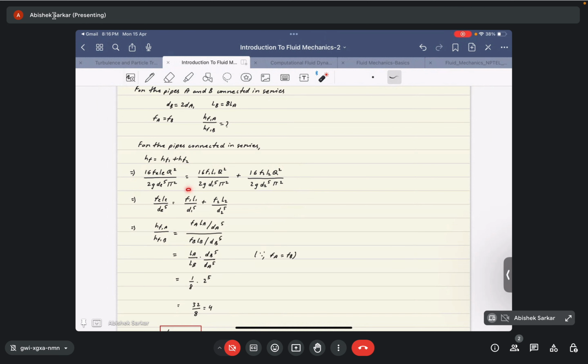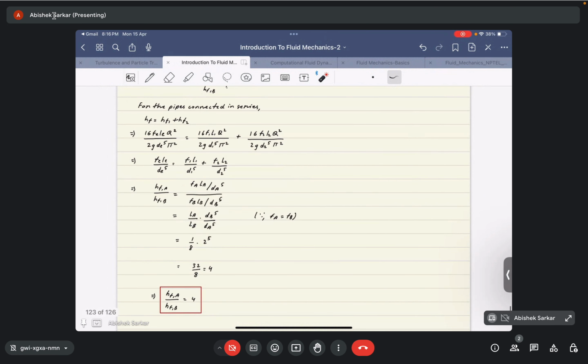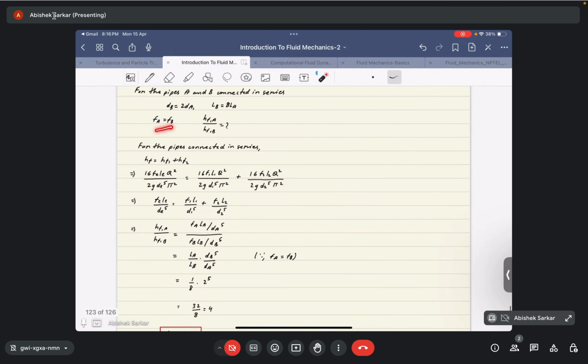From here also you can tell that HFA would be FA LA by DA to the 5 and HFB would be FB LB by DB to the 5. So just take the ratios. HFA by HFB would be equal to FA LA by DA to the 5 over FB LB by DB to the 5. Since FA and FB are equal, as mentioned here, we can cancel out both these terms.